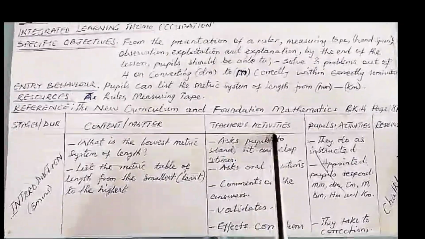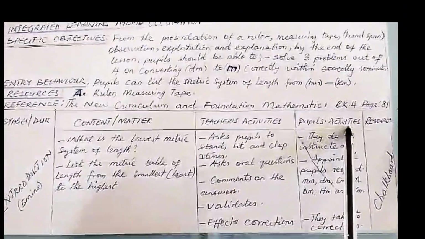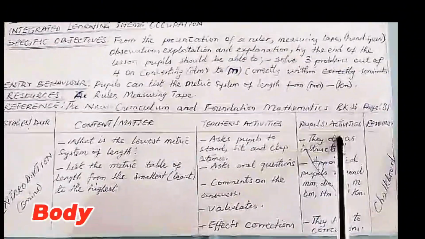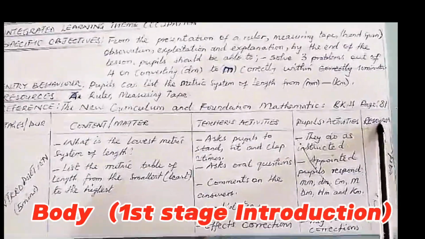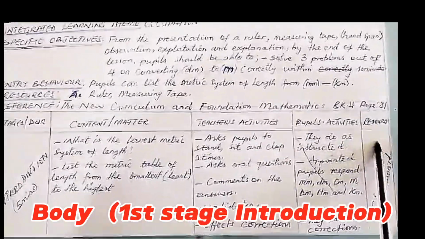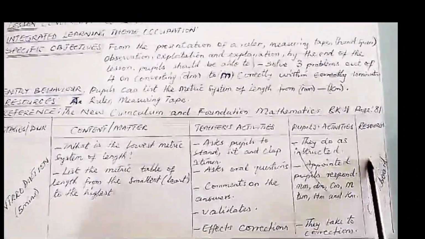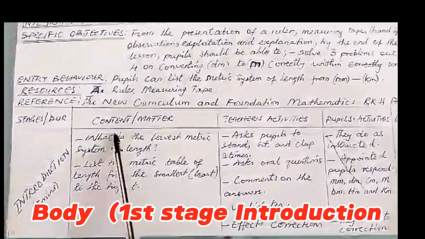The teacher is going to ask them questions, and the pupils too are going to respond. All this is gonna take place on the chalkboard. That's the resource we're going to use. It's not the only one, but the other ones have been mentioned already, so it's needless to repeat everything.